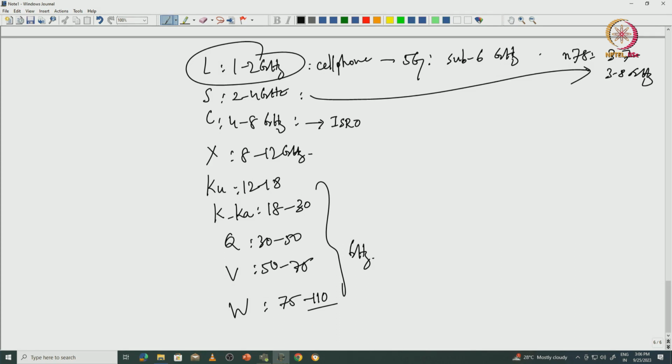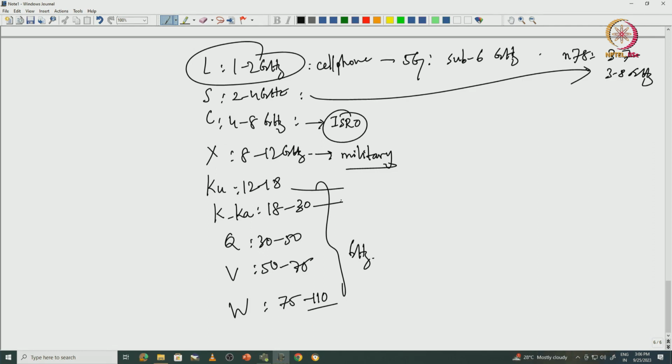They have a very high interest in C band radar, C band satcom, remote sensing, and even the military uses C band radars. X band is also primarily used by the military for radar. For military radars you need X band.